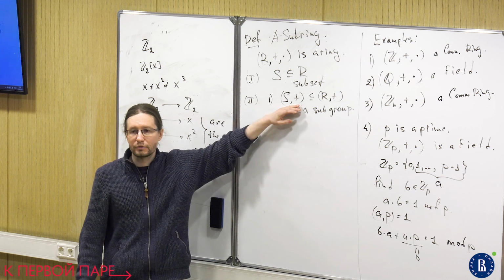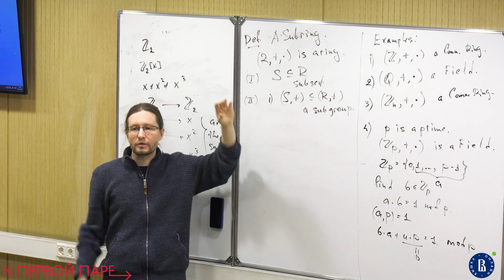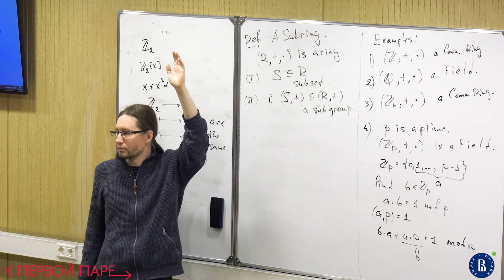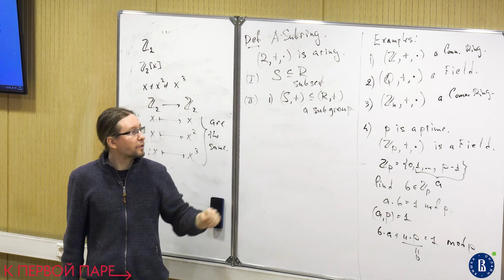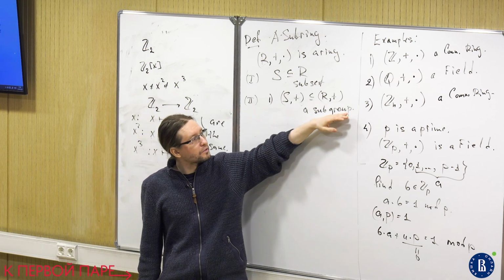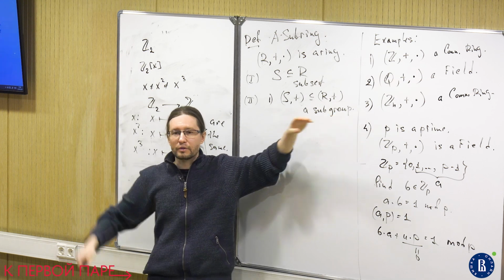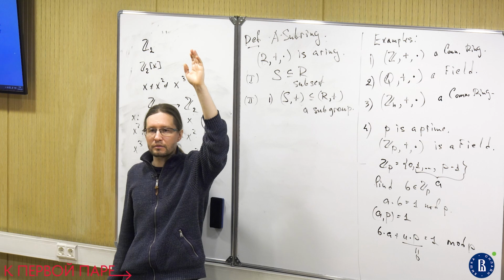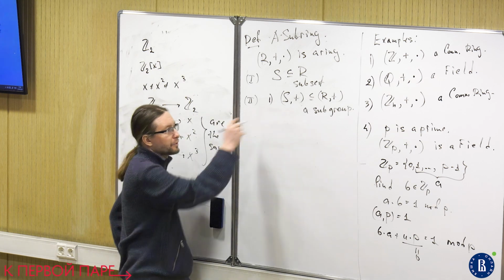Who understands what's written here? Who thinks that it requires a clarification? And just in case, who remembers the definition of a subgroup? Is there anyone who doesn't? Okay, so let me explain what's written here.